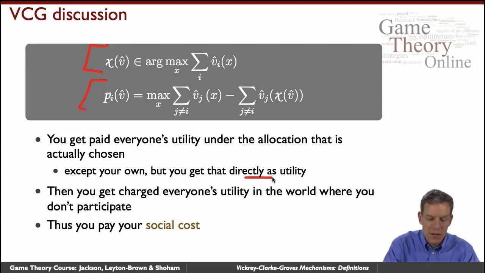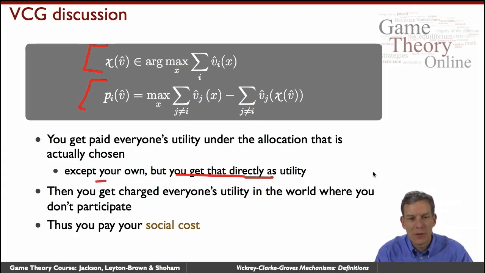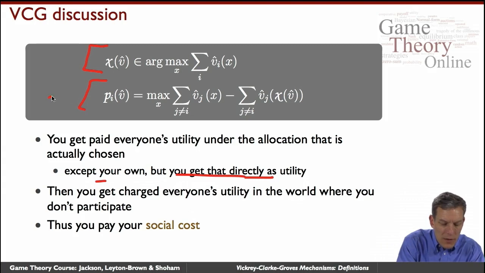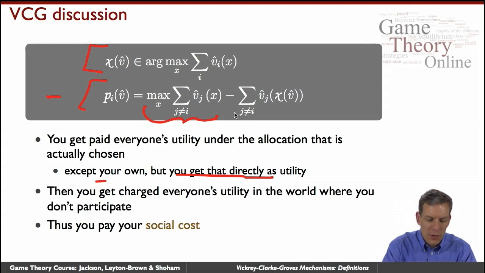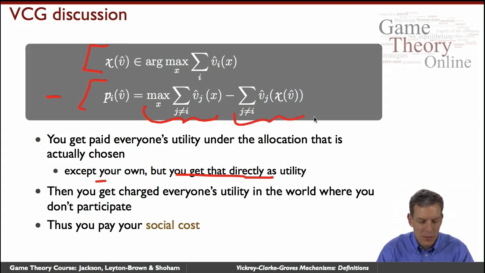You get that as the direct utility. And then you get charged everybody's utility. So when we take off this minus p_i, what you're going to be charged is how much everyone else would have gotten in this world where they didn't have to take you into account, less what they're getting in the world where they do have to take you into account.